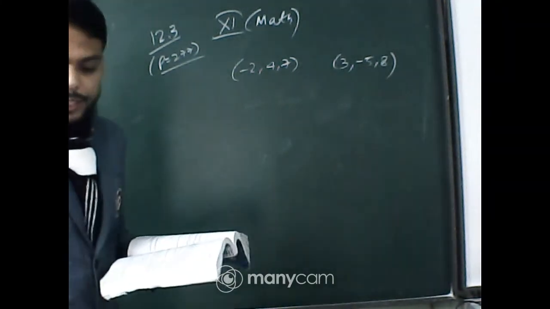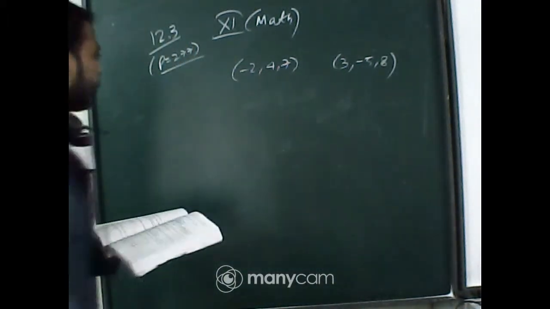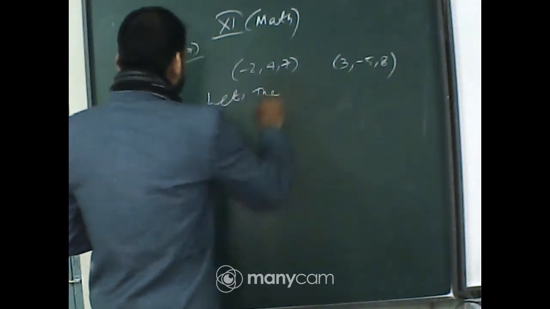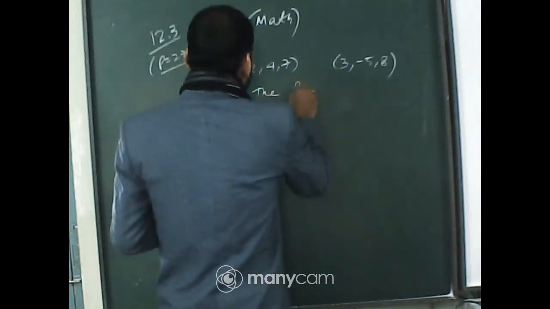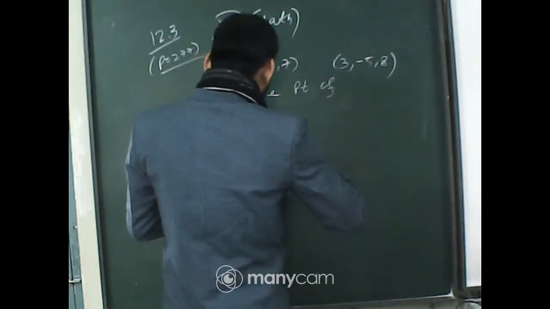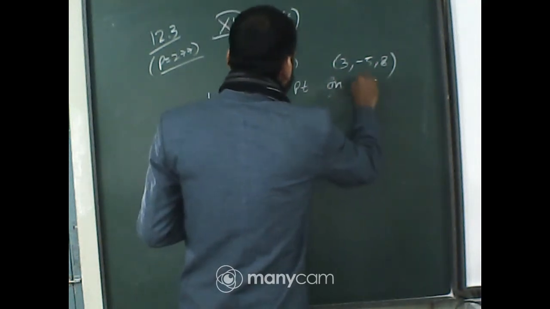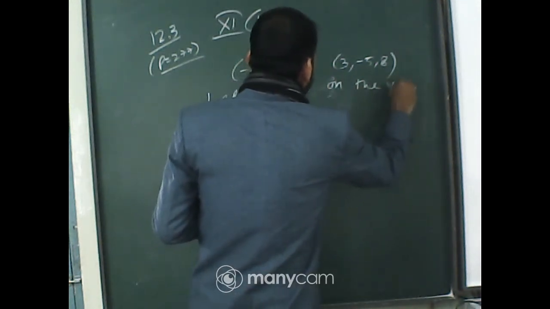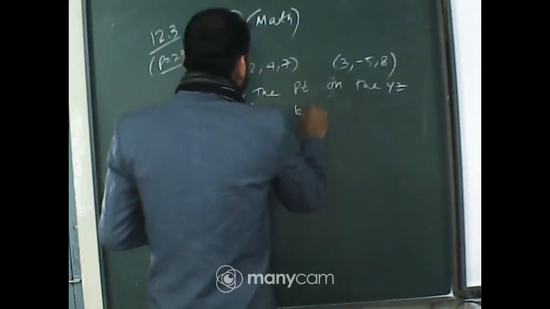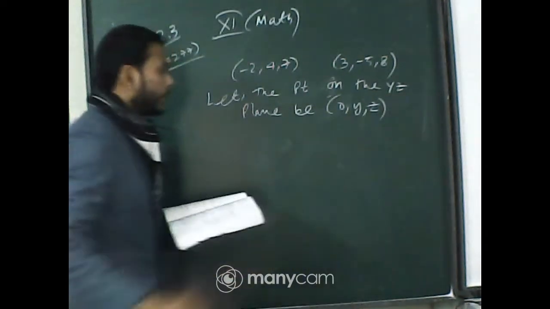Let the point on the YZ plane be 0, y, z. Why?